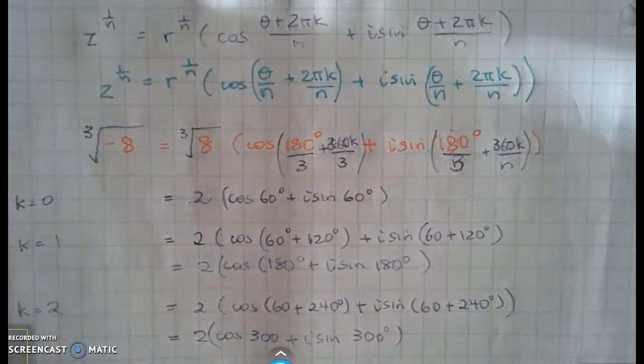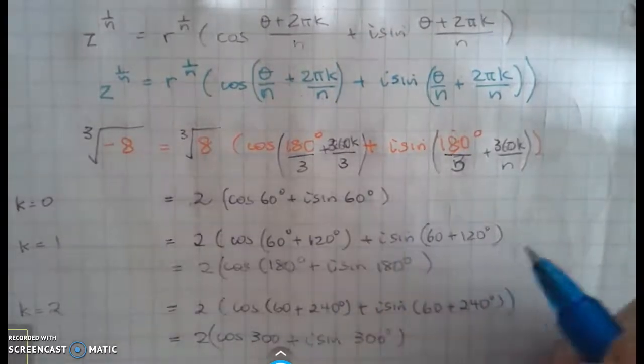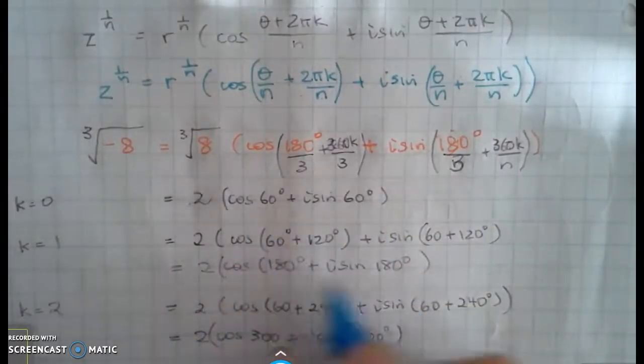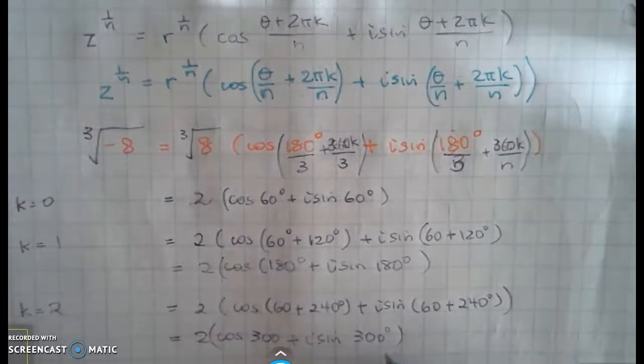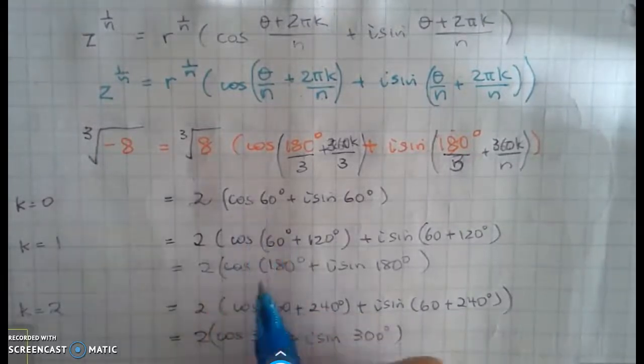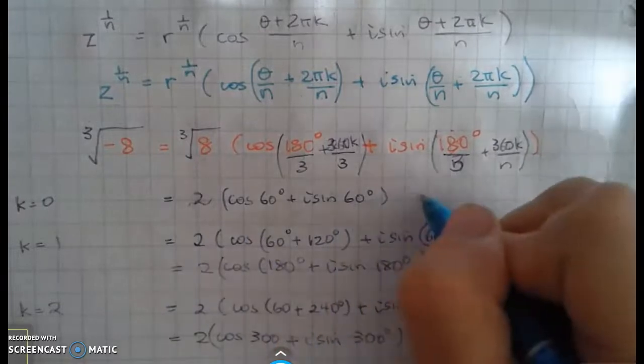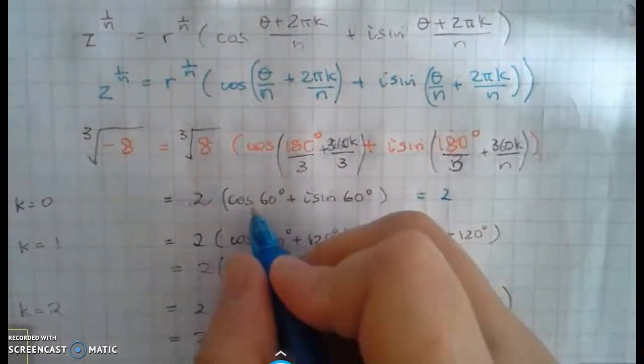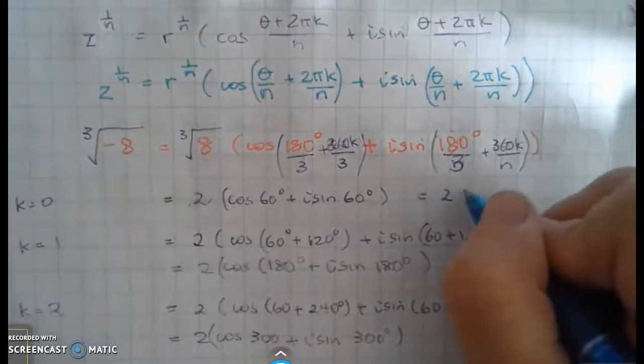All right, now we can try to convert this into rectangular form because these are 60 degrees, 180 degrees, 300 degrees. We can figure out what is cosine and sine. What is cosine of 60 degrees? Cosine of 60 degrees is going to be half.